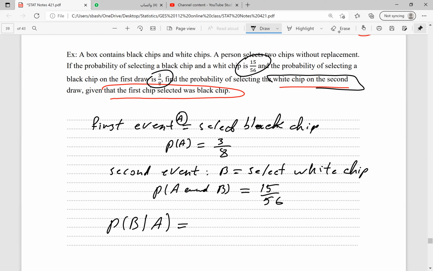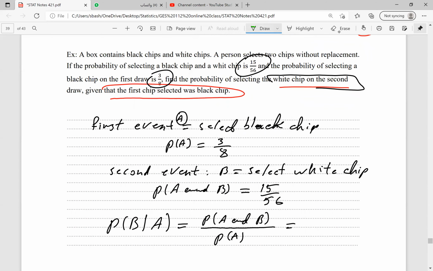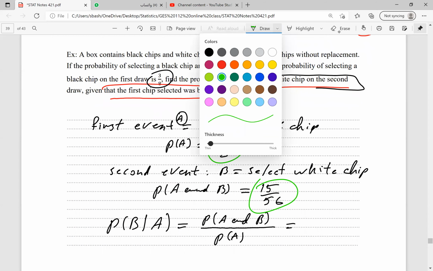It will be P of A and B divided by P of A, which is equal to P of A and B is 15 over 56, and P of A is 3 over 8.